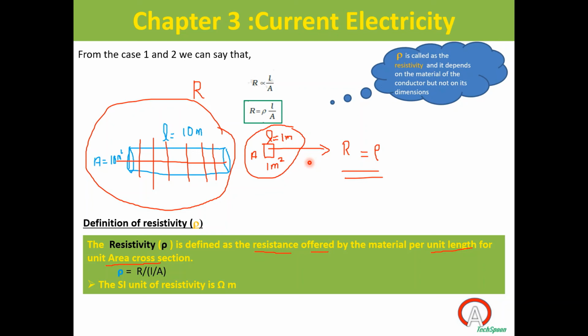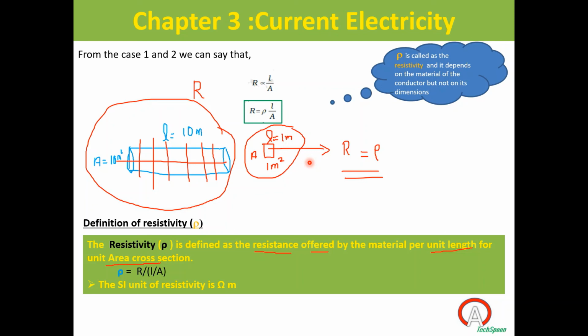Then today we studied how the resistance depends on the area of cross section and length. First we need to study area of cross section, then only length. That is the method we are following. For that, we studied how the current varies according to the area of cross section and length of the conductor. From that we derived the equation for resistance, R equals rho L by A. So rho is resistivity.